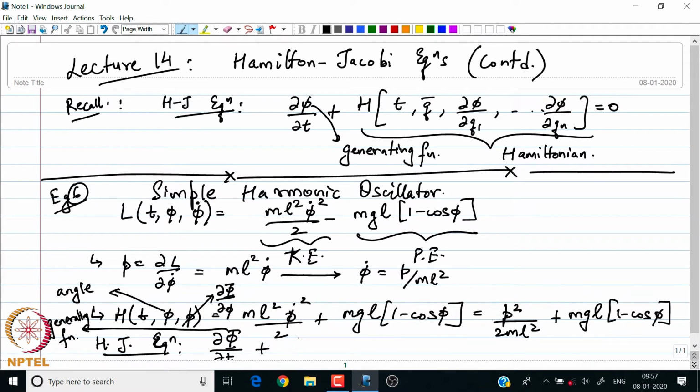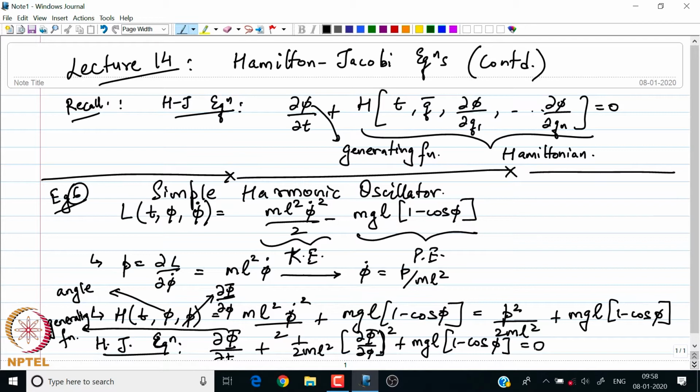So now I have the Hamiltonian as follows: 1 by 2 m L square times del phi del phi squared plus m g L times 1 minus cos phi, and this is equal to 0.